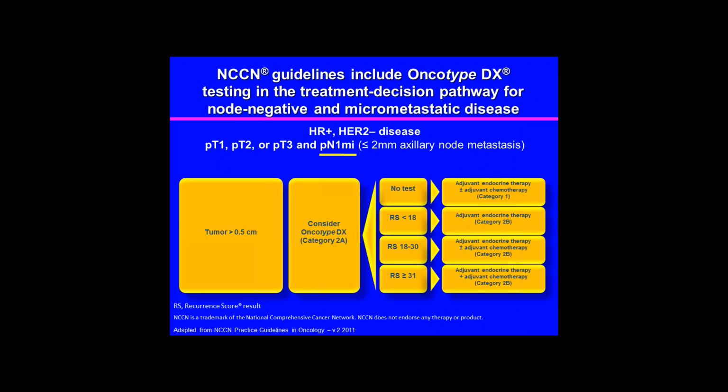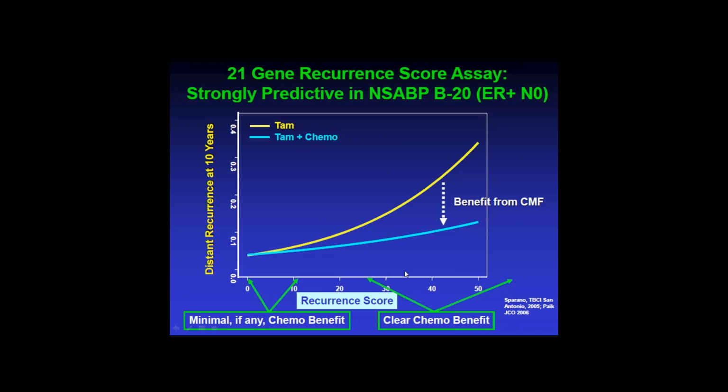So in the NCCN guidelines, any tumor over 5 millimeters can be considered for an Oncotype test. If the patient has a low recurrence score, adjuvant endocrine therapy is recommended. If they have an intermediate score, we're not sure, and they should all get adjuvant endocrine therapy with or without chemotherapy. And if they have a high risk score, they should get both adjuvant endocrine therapy and adjuvant chemotherapy.